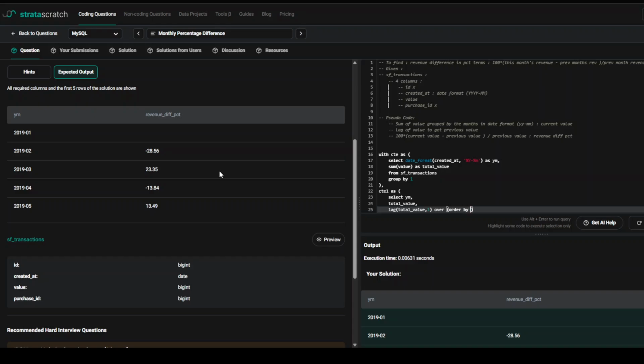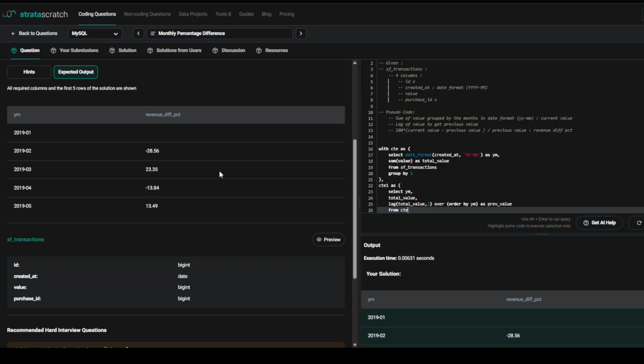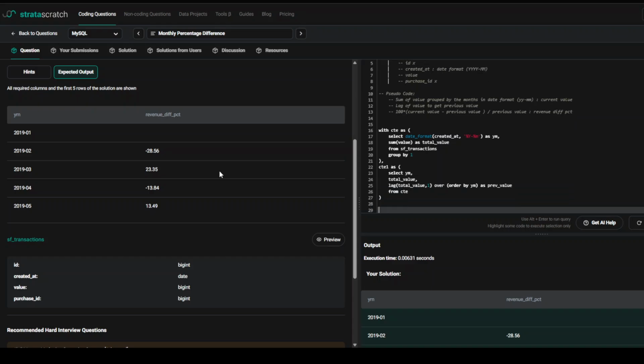So over order by, we can specify ym here as the prev_val. We specify that this is taking the value from the CTE. I have done this because I want to get the previous total value and the total value separately. But what you can also do is something that I will show you as a subsequent part of this when we have coded this out.